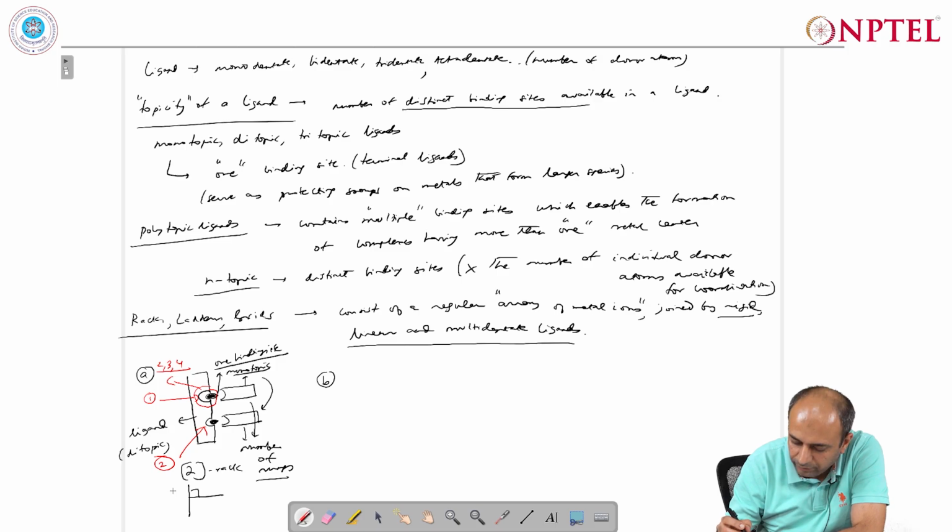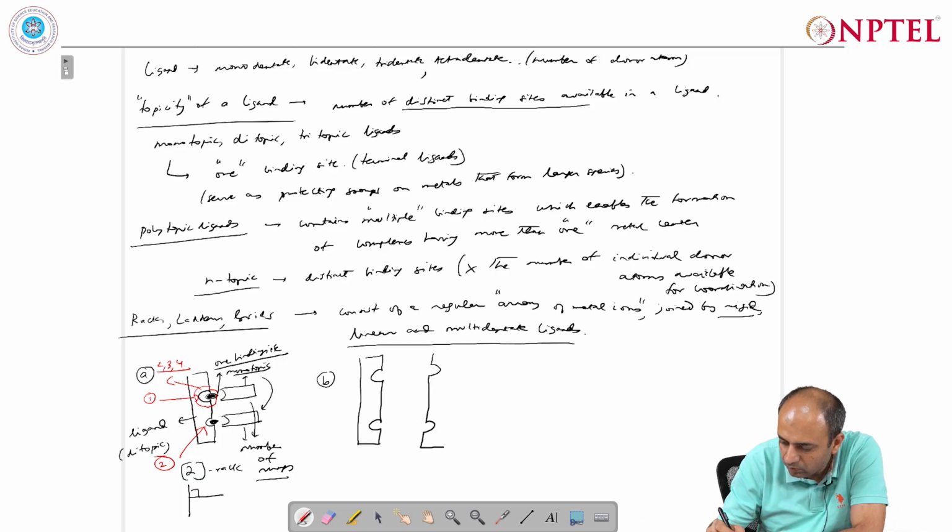Similarly, we can now have a similar arrangement where I extend the concept, where I have a metal here, a metal here, a metal here.